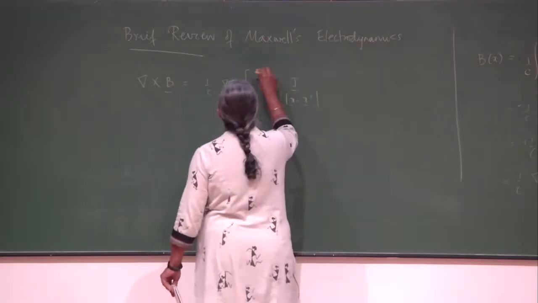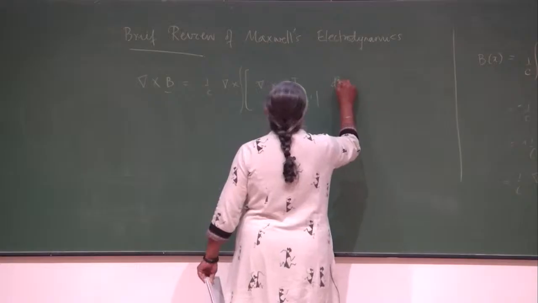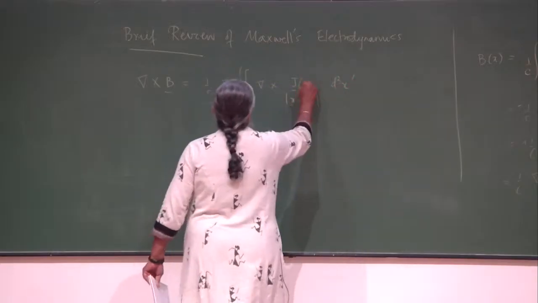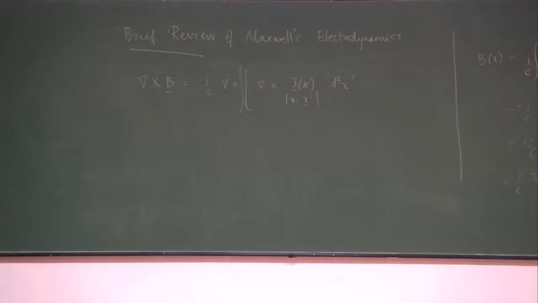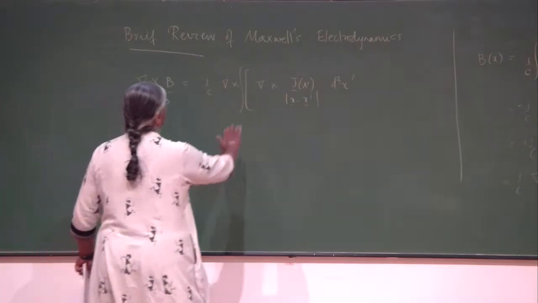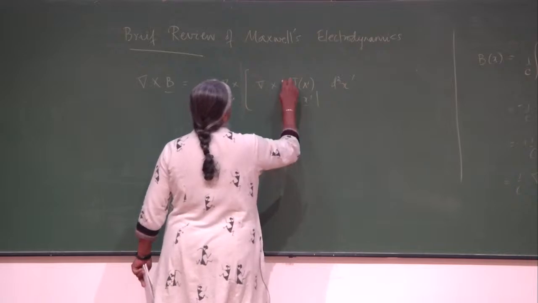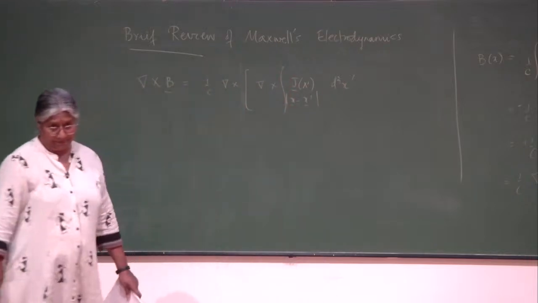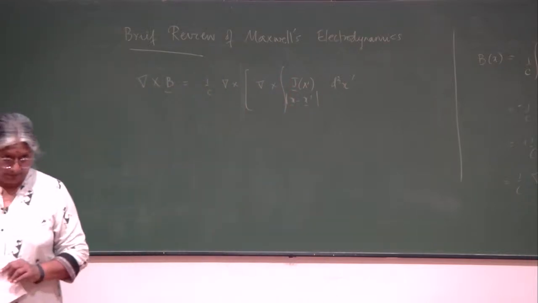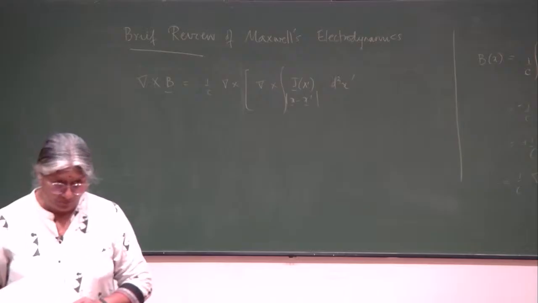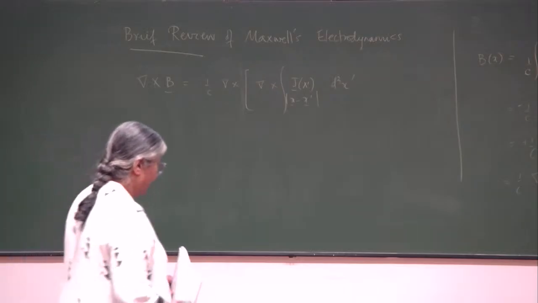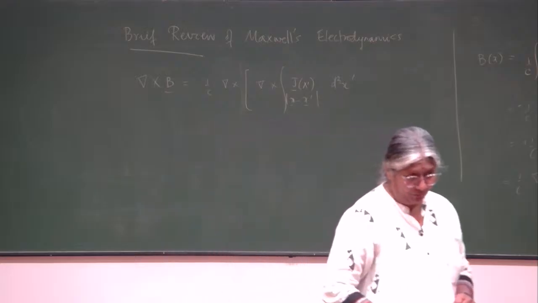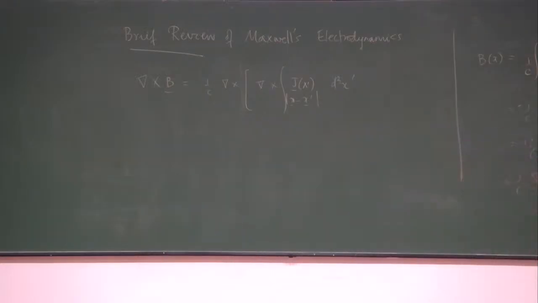Integral d cubed x prime. And in fact, I could have put the integral here, because del is outside the integral, right? So what is the formula for del cross del cross? Okay, I think at this point I should give you 3 minutes to just derive it in your notebooks, right?